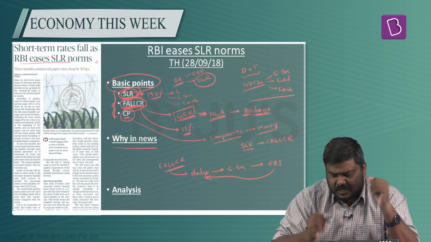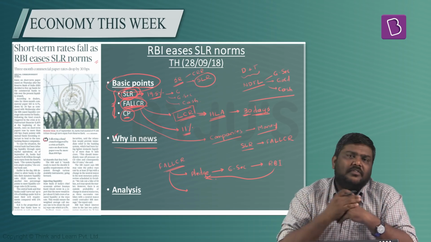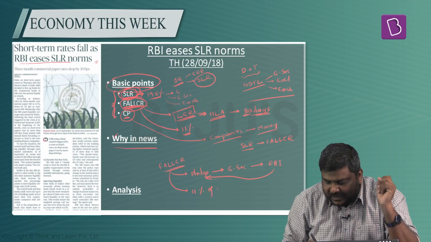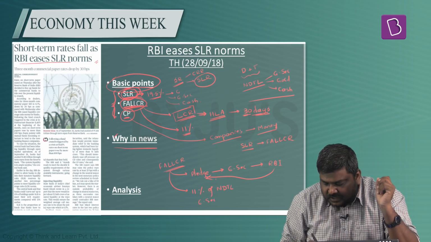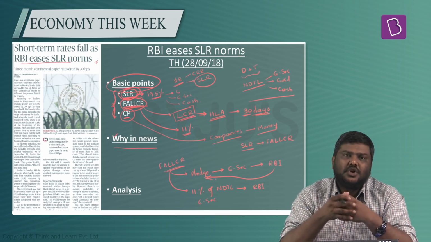Earlier, RBI had told every bank that they can pledge up to 11% of their NDTL, in the form of G-securities, to RBI and get money for the short term.